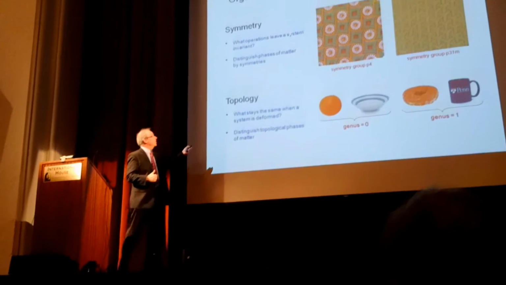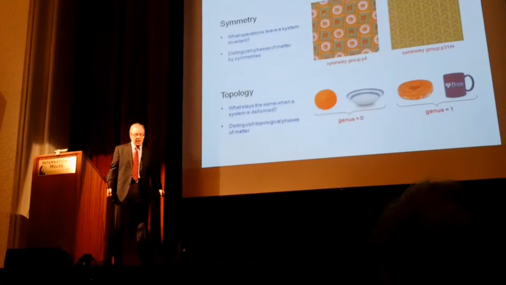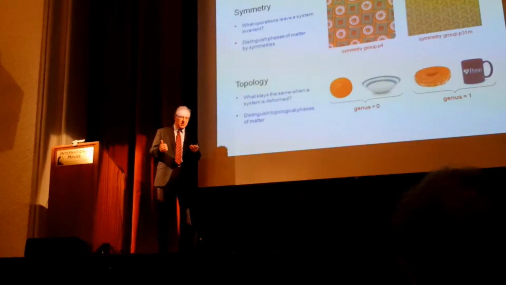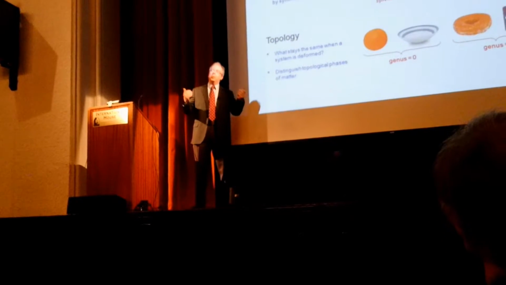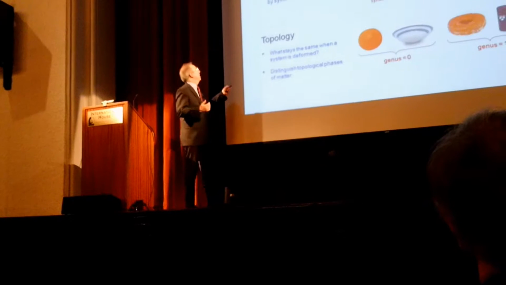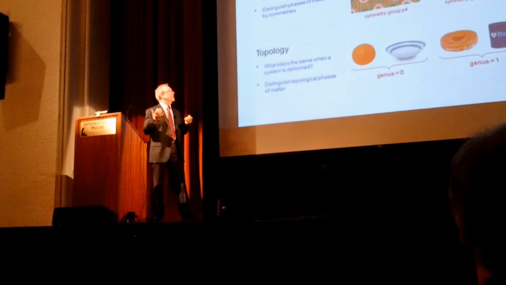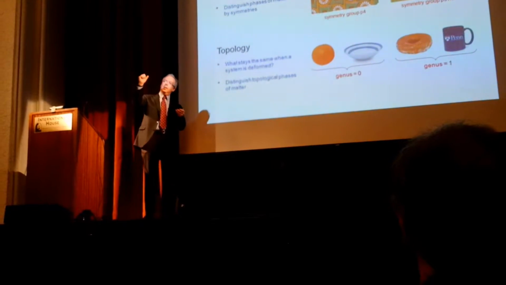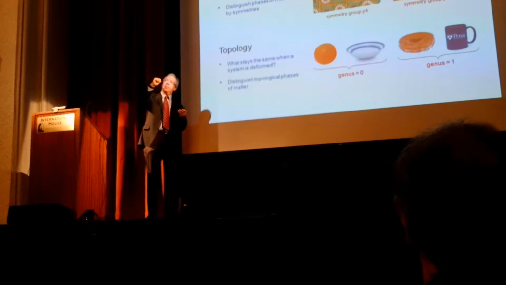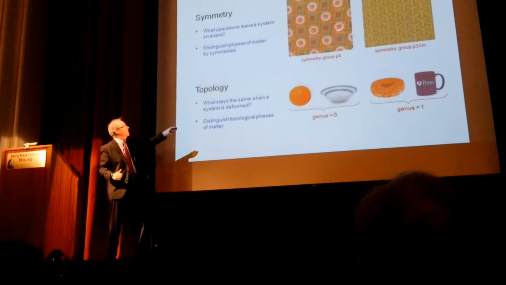There are many ways in which symmetry shows up in physics, and one of the deepest ways is as a principle for classifying phases of matter according to their symmetry. So for instance, the crystalline phase of matter, where atoms group together in a very well-ordered crystal, looks kind of like these patterns here.